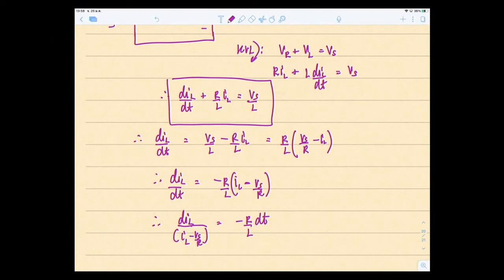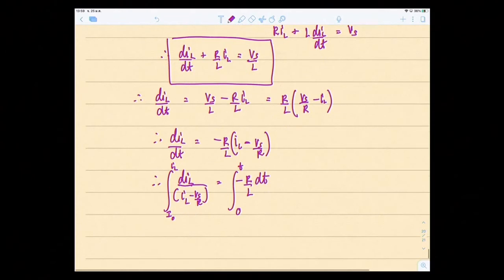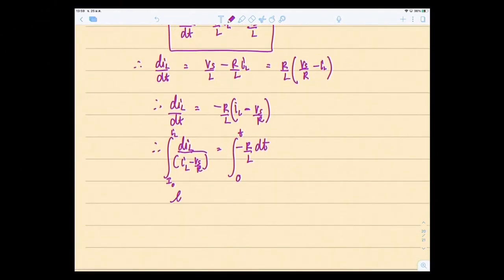Right? So integrate both sides from 0 to t, and we say that at t equal to 0 there is initial current in the inductor I naught, and IL is a value that we don't know yet at any particular time t. So when we integrate this, you have ln of IL minus Vs over R, from I naught to some IL, equal to minus R over L t, from 0 to t.